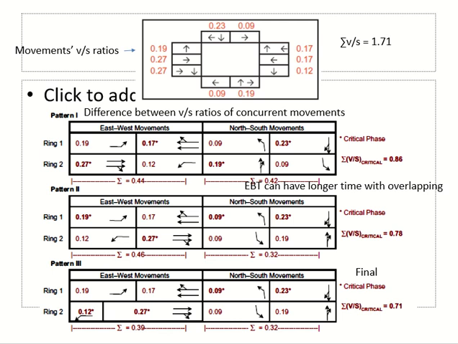Here it was more required. But as I mentioned earlier, if you get a V by S ratio of 0.85, 0.8, something like this, even if you don't do any other improvement, this is still acceptable. This is still allowable. But you cannot leave it like this.